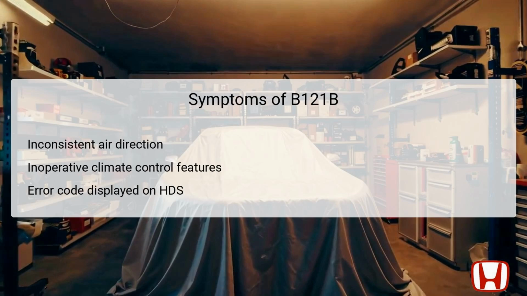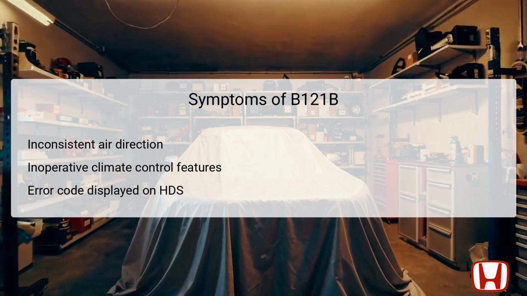When the DTC B121B is present, several symptoms may become noticeable. One of the primary signs is inconsistency in air direction. Drivers may experience situations where airflow does not adjust according to the climate control settings. Another symptom could be the inoperability of climate control features, limiting the driver's and passenger's ability to regulate cabin comfort.